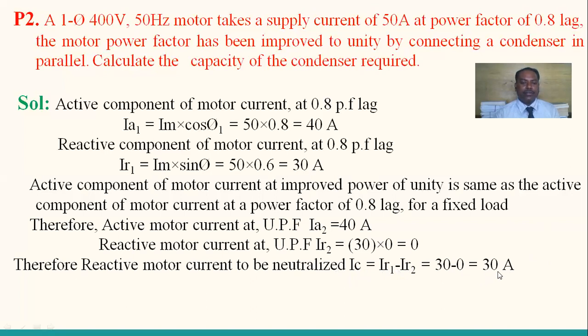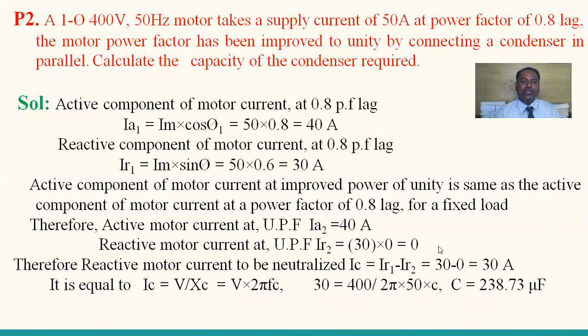So IC is equal to V by XC. XC is equal to 1 by 2 pi FC. Therefore, IC is equal to V into 2 pi FC. So IC is 30 amperes and V is 400, divided by 2 pi into 50 into C.